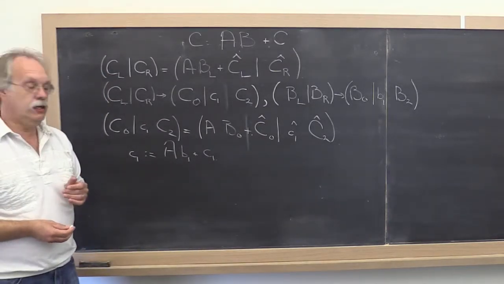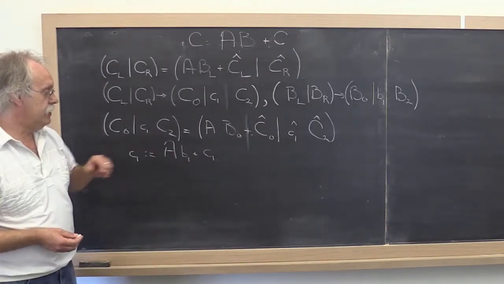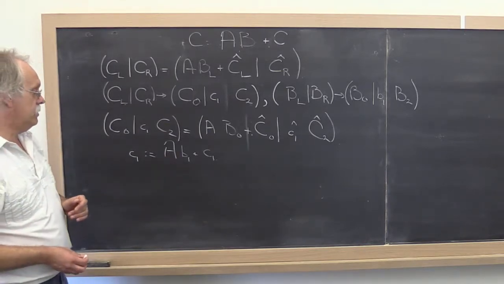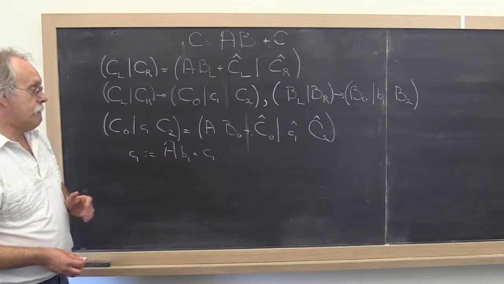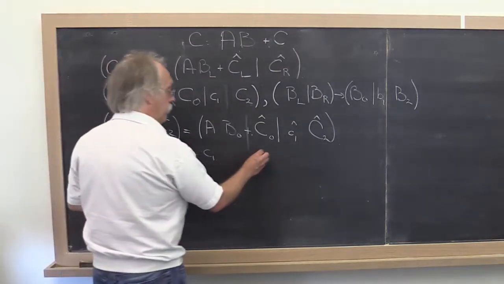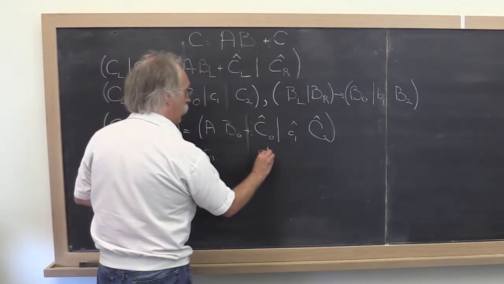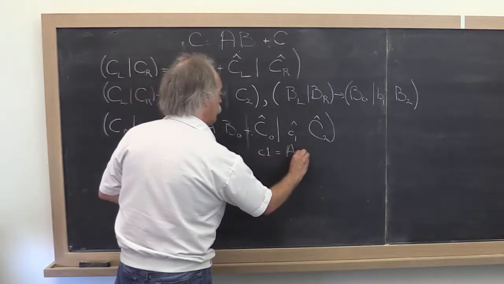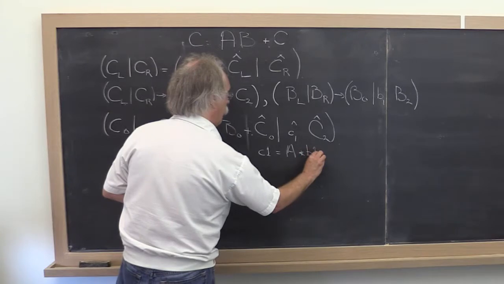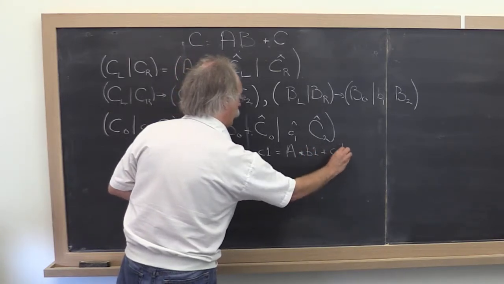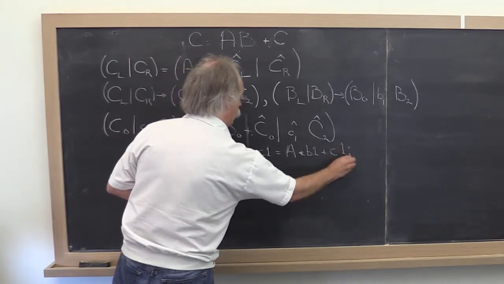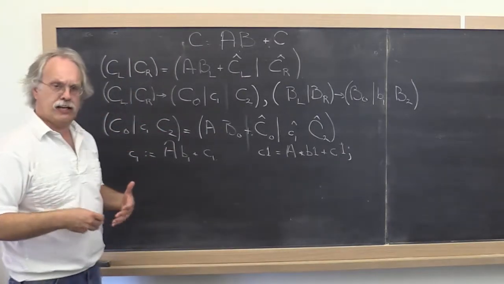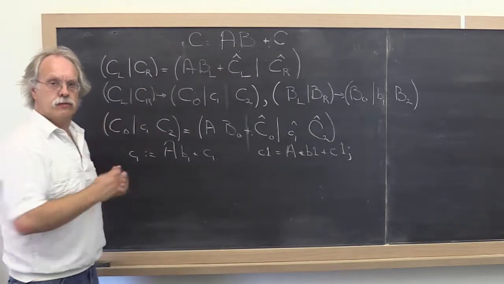You can recognize this as a matrix-vector multiply. When you implemented this in MATLAB, the update would have been something like C1 = A * B1 + C1. Does that all look familiar? If you actually did the work, then it should.